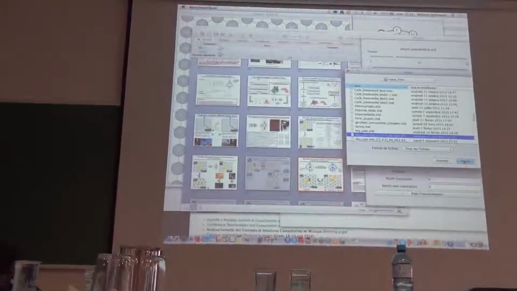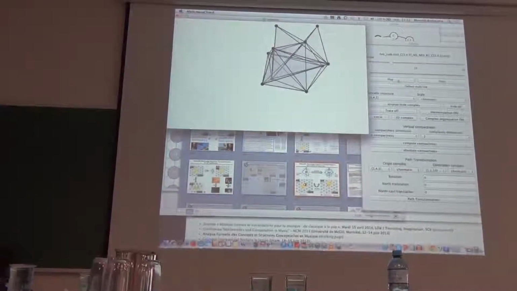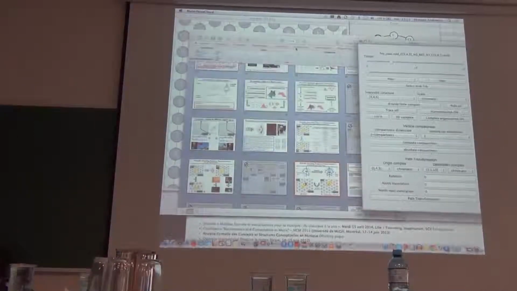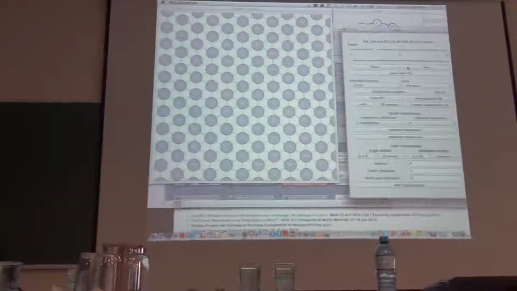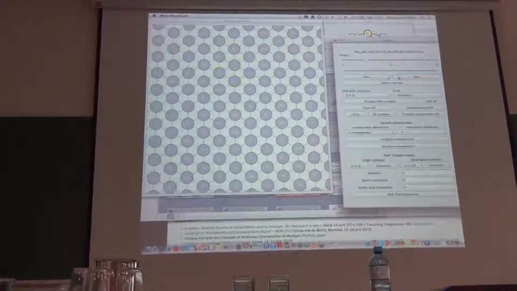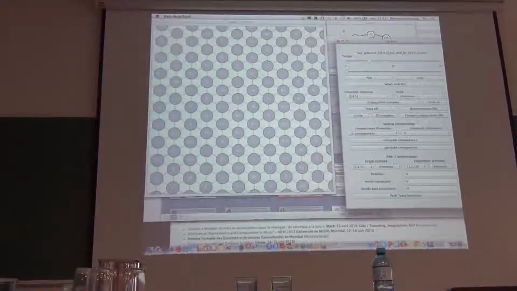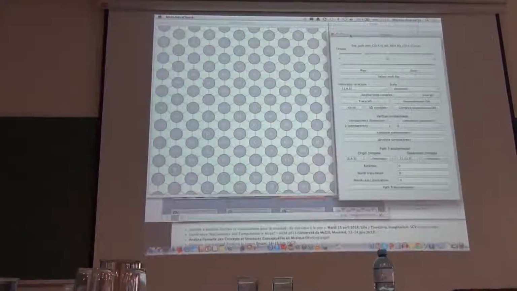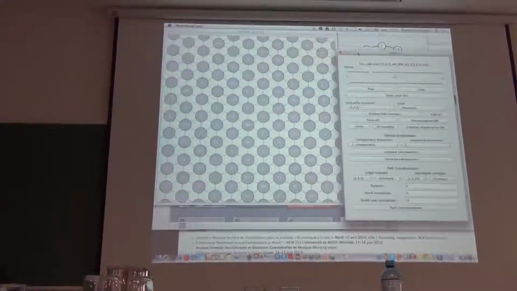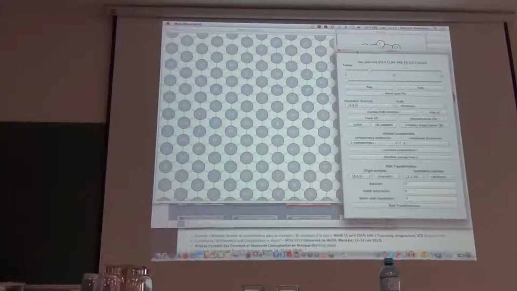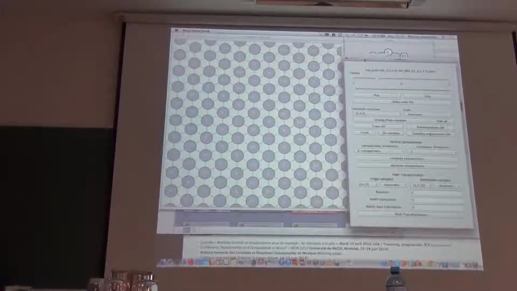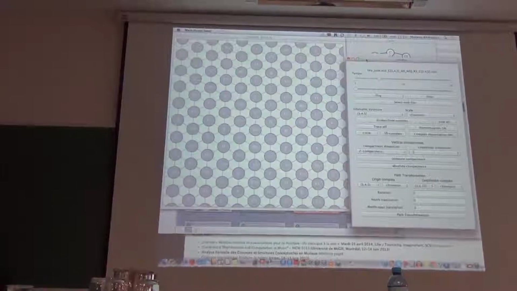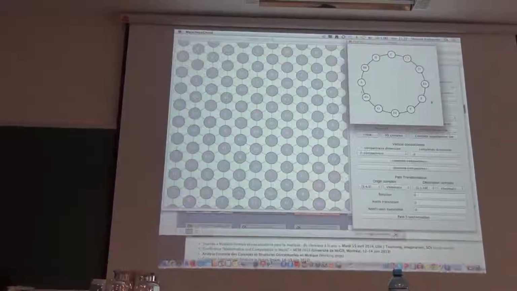Trying to see if I can do the right one. Okay, this is the right one. So actually, at this moment, the system is very tight and normally it stops working. So I will go on and we see if it goes until the end or not.